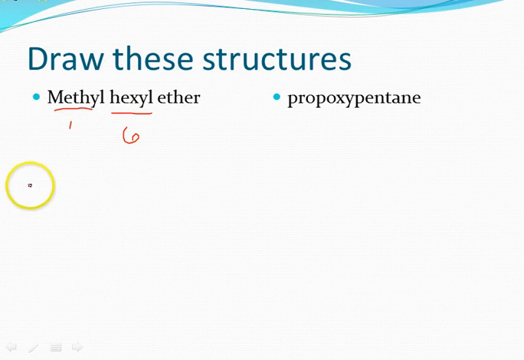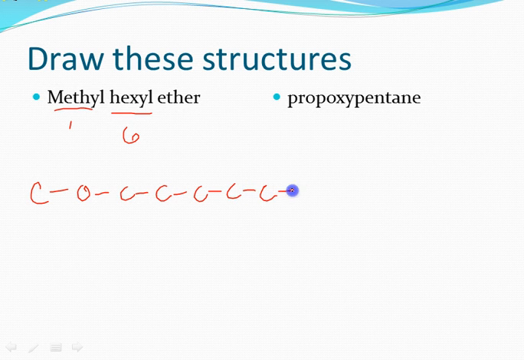Depending on how you draw it, it's probably easier to just draw the carbon backbone. Or you can do, we learned that up and down with the lines, but I'm having a hard time drawing that today. That would be the backbone, and then we can put in all the hydrogens.